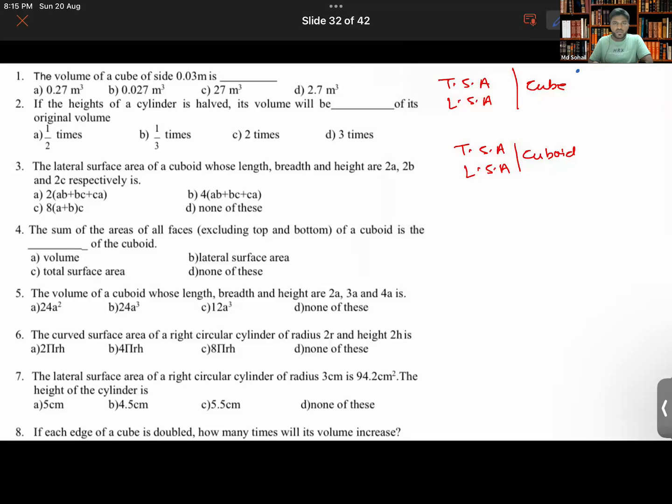Arhan, I think you have got some issues in your mic. If you have connected earphones or headphones, please remove them and directly answer into your phone's microphone. Sir, I am not connected to any microphone. Okay. Sir, am I audible now? Yeah, you are audible now.